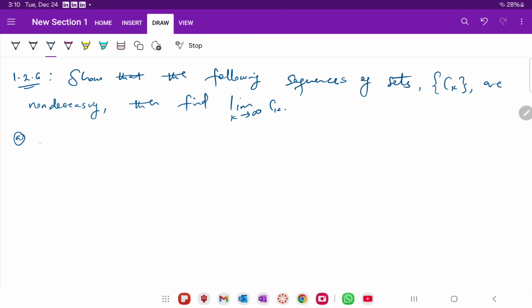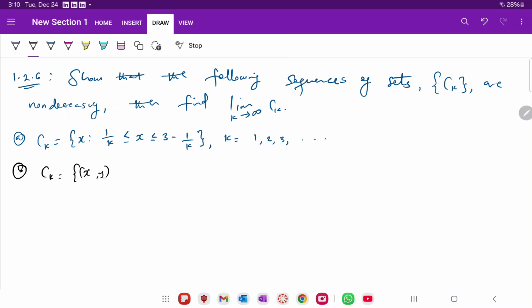Alright, first we have (a) C_k equals the set of x such that 1 over k is less than or equal to x less than or equal to 3 minus 1 over k, where k equals 1, 2, 3, and so on. And (b), you have C_k equals the set of (x, y) such that 1 over k is less than or equal to x squared plus y squared less than or equal to 4 minus 1 over k, where k equals 1, 2, 3.